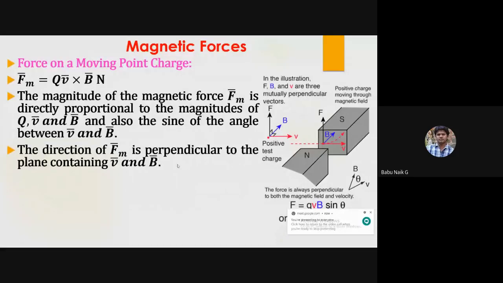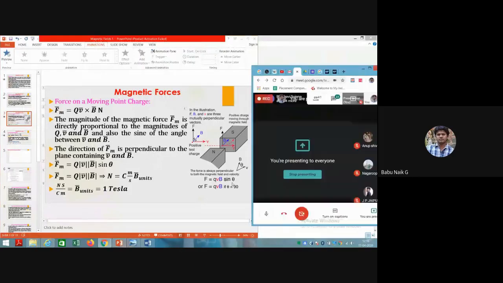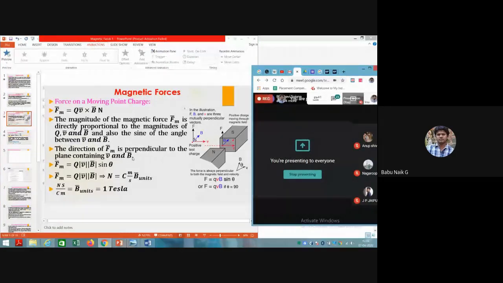The direction of the magnetic force is always perpendicular to the plane containing the velocity and the magnetic flux density. Now, the angle theta between the velocity and the magnetic field is 90 degrees, so sine 90 is 1.